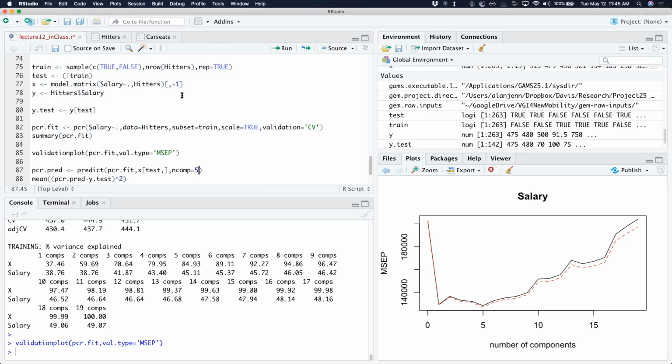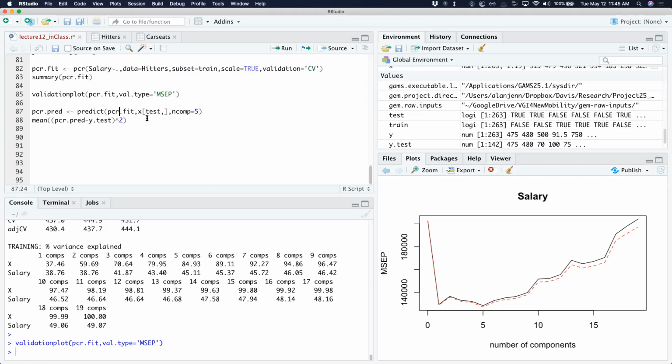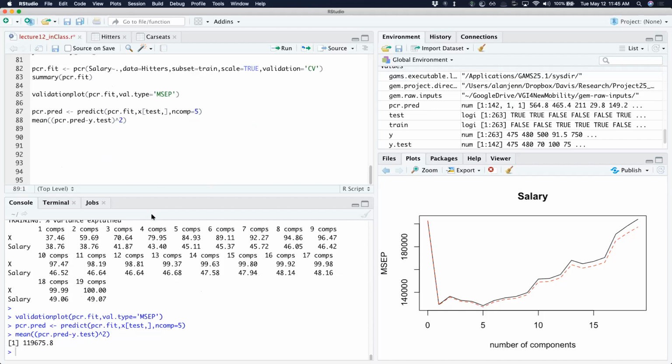Instead of doing 50-50, maybe you want to do a 5-fold validation, which you could do in this context. But if I choose 5 components, that's essentially the model that gives me the lowest out of sample mean squared error here. I can go in and predict my error, which is going to be the same number here, so this 120,000.